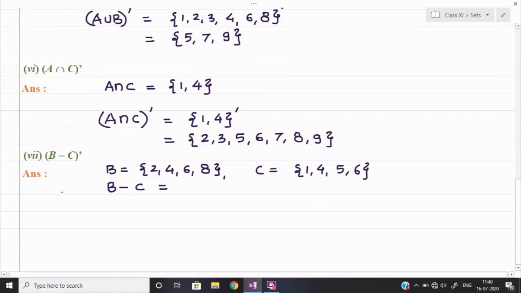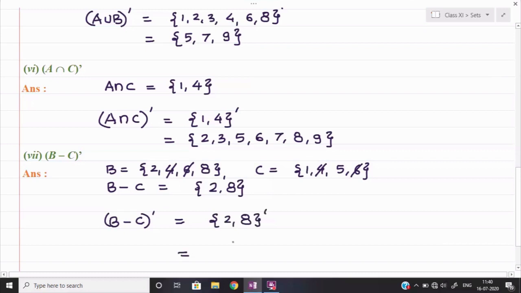So to find out a subtraction, first of all cancel the common elements. So 4 is common, that I have cancelled. Then 6 is common, that also I have cancelled. Now since from B I am subtracting, so I will write down the remaining elements of B, that is 2, 8. This is the value of B − C. Now further I need to find out (B − C)', means I will find out {2, 8}'.